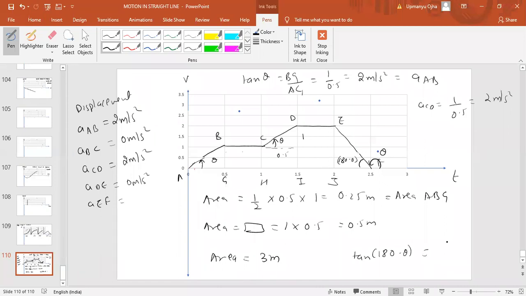What is EJ here? 2 by time, which is 0.5. So EJ means 2 by 0.5. This is what? The acceleration of EF. So tan 180 minus theta is what? Minus tan theta. Okay. Minus tan theta, which means tan 180 minus theta is minus. So we have to put minus here. So minus 2 by 0.5. So if you solve, you'll get minus 4 meter per second square is the answer.